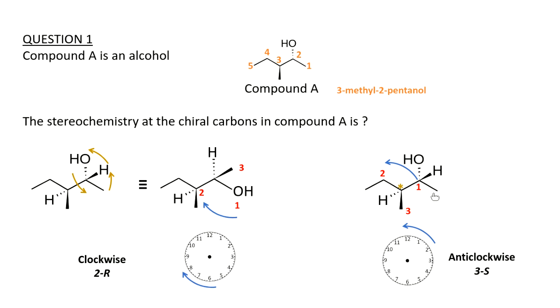The carbon, which has oxygen bonded, has the highest priority. That's priority 1. The ethyl group will have priority 2. The methyl group will have priority 3. And so, since the priority groups are arranged anti-clockwise, the stereochemistry at carbon number 3 is going to be S. So we have 2R, 3S.